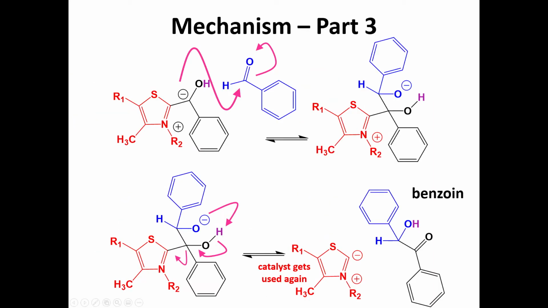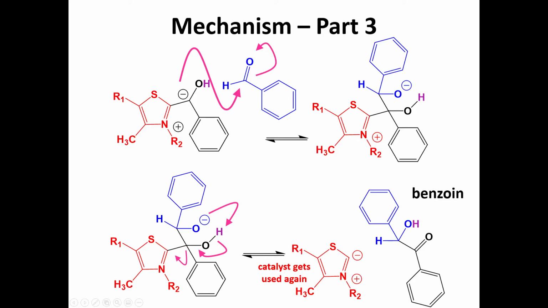Because we have this zwitterionic form with the negatively charged carbon, it's going to want to attack the carbonyl of another benzaldehyde. So this is our second benzaldehyde. The negative charge comes, attacks the carbon, and breaks the carbonyl group. And here we can see we have another negatively charged oxygen.